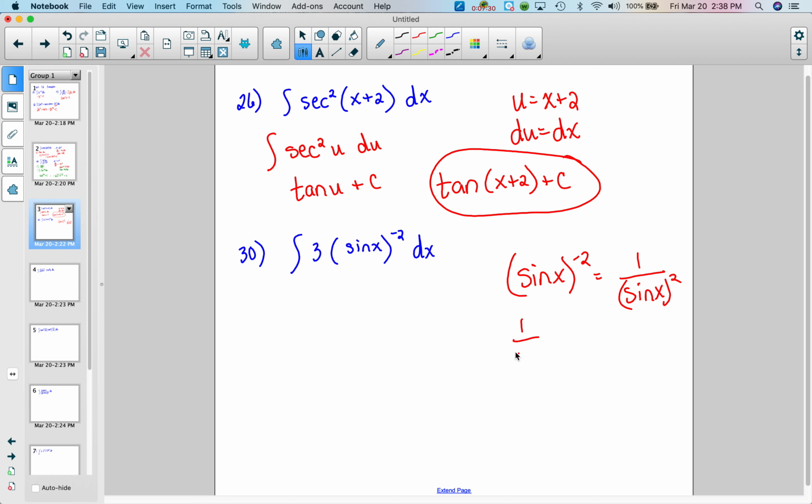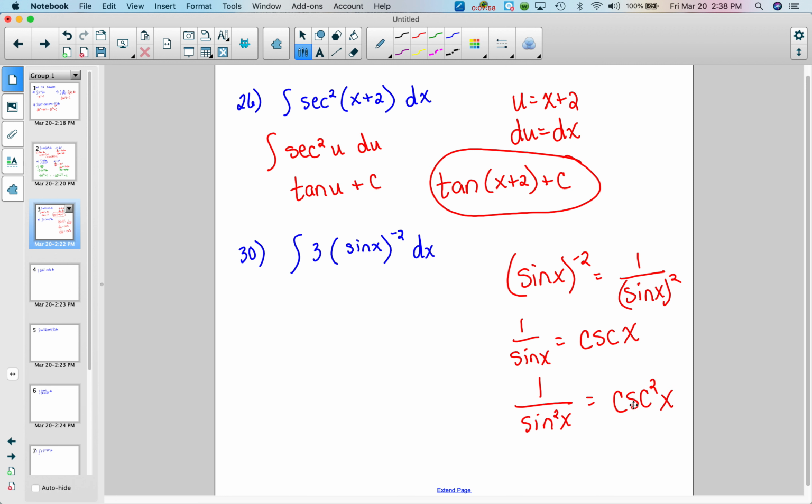Remember that 1 over sine x is equal to cosecant x, because that's the reciprocal function for sine. So if I have 1 over sine squared x, that's just cosecant squared x.